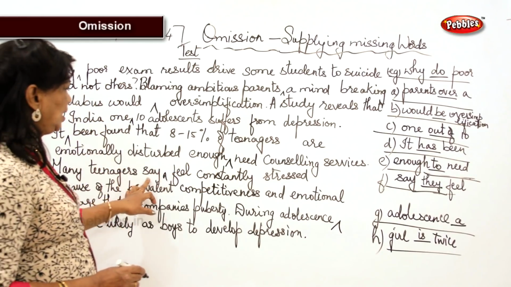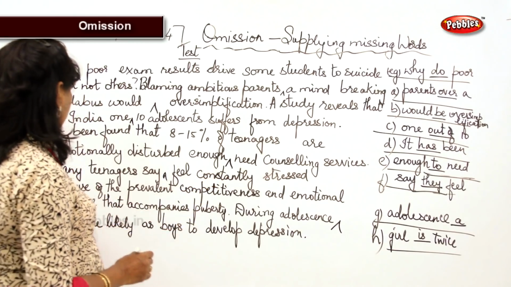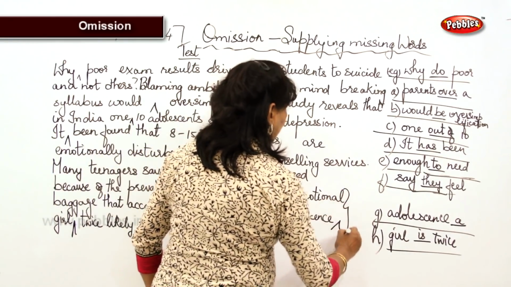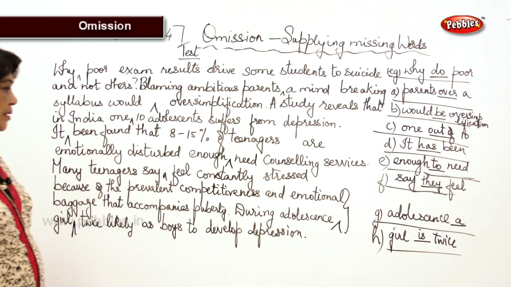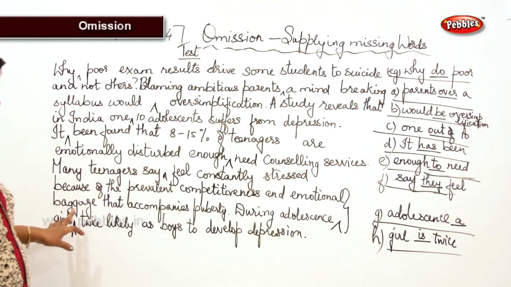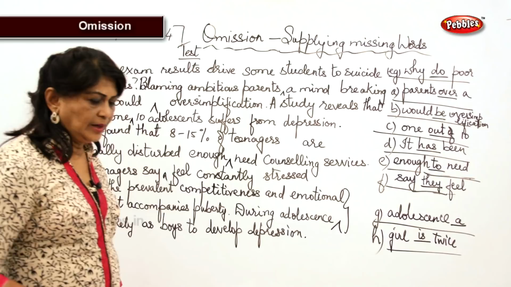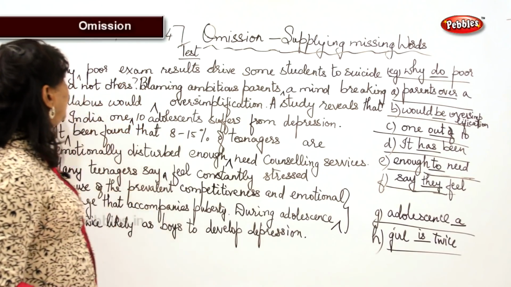Many teenagers say they feel constantly stressed because of the prevalent competitiveness and these two together, okay. During adolescence, a girl is twice likely as boys to develop depression. Okay, now let me read.